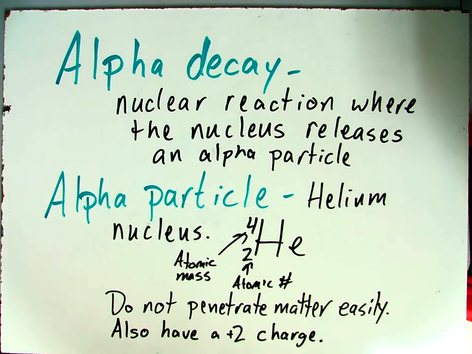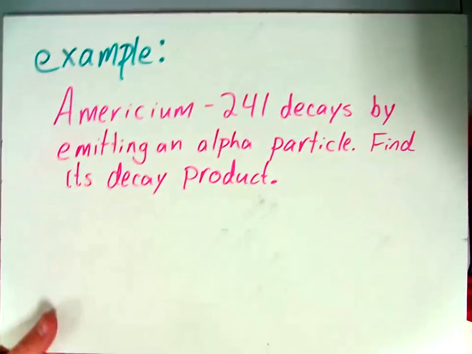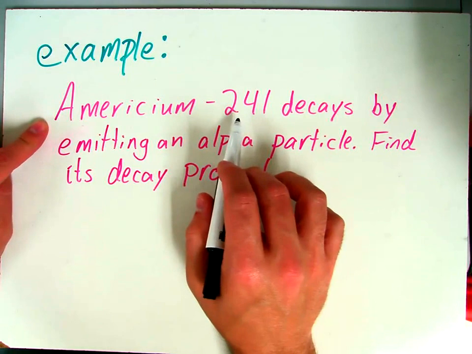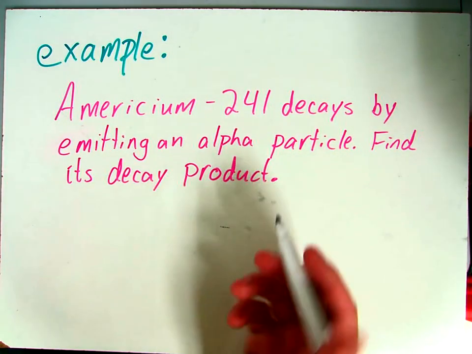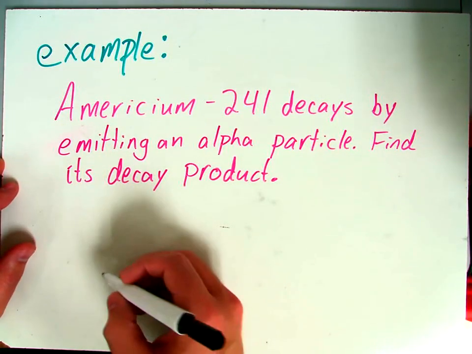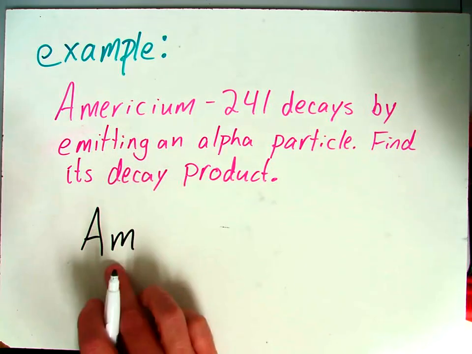Now, when we have alpha decay, the example problem would be given a radioisotope. So americium-241 would be the radioisotope. To figure out what that would look like in a nuclear reaction equation, americium is going to be Am.